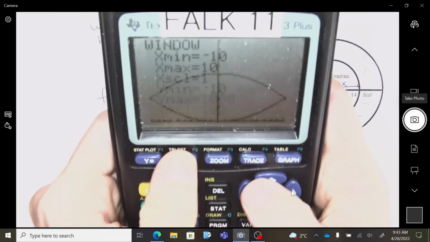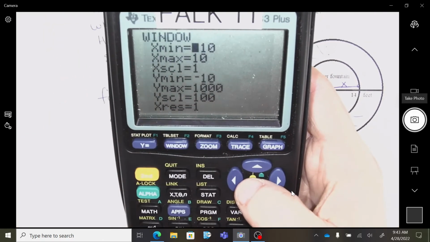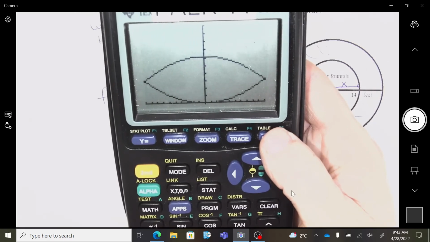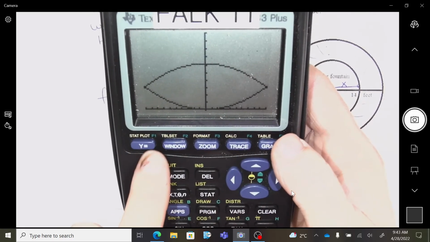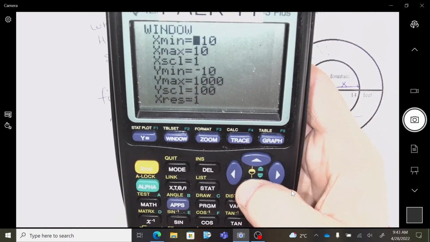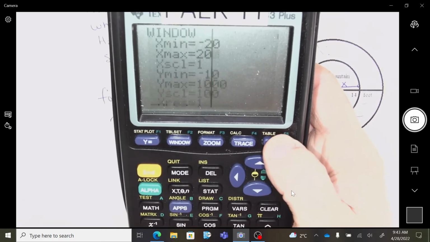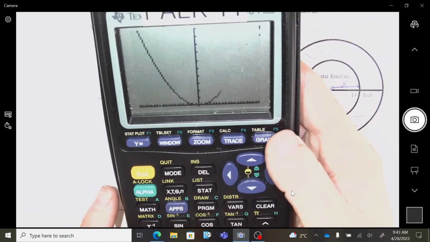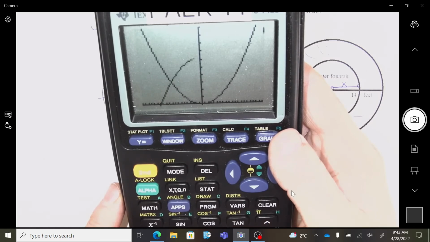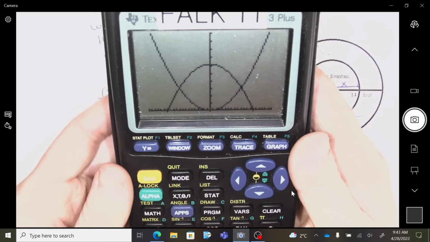Okay, so that's 1,000, 100 on the Y. That works. I think I need more X though. I want to see more X. So window -20 to 20. There we go. We got it.